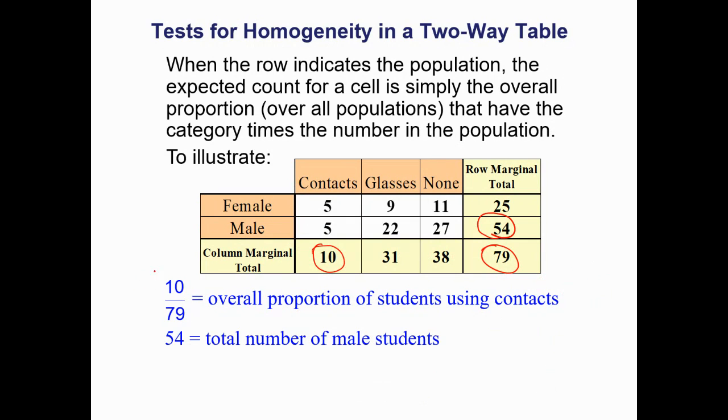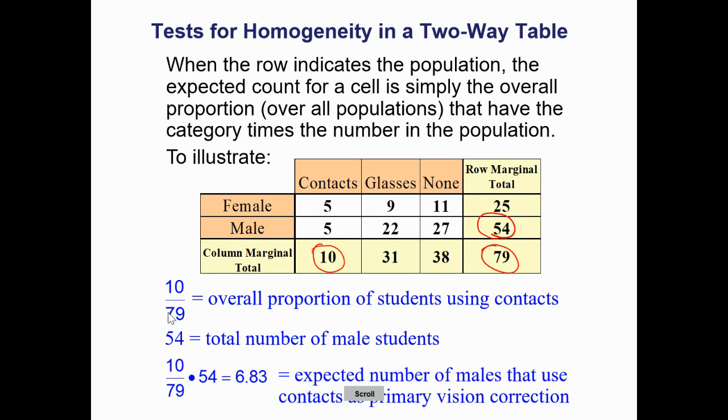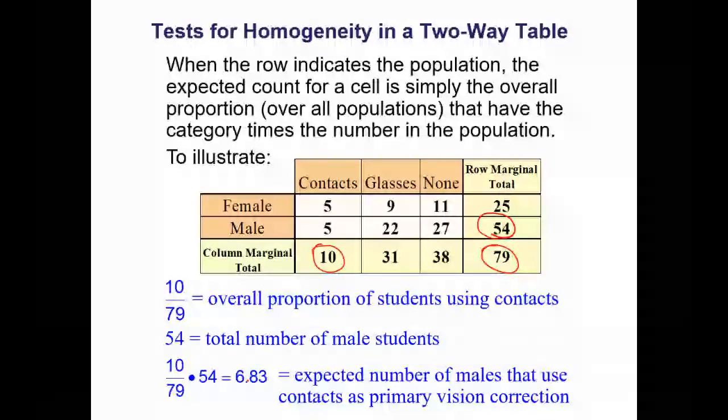Make sure we're writing all these proportions down. They're on page 7. So the expected number of males that would wear contacts would be 10 over 79 times 54, which gives you 6.83.